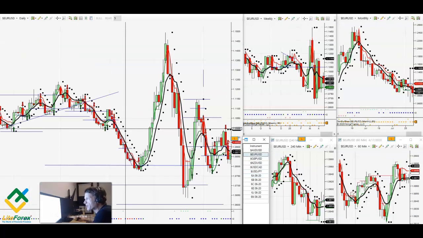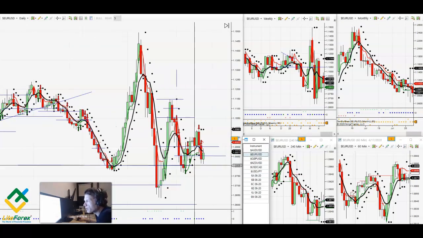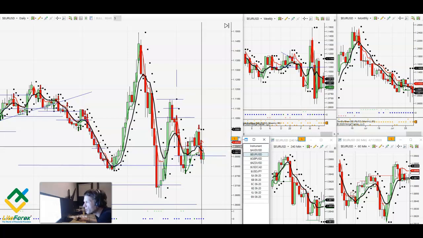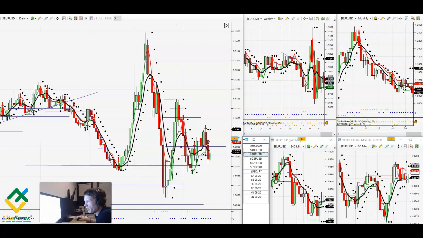Euro USD. Okay, Euro USD. The last day I looked at this, it was trending up, but it was very choppy. So we came down, we busted through these support levels, 1.09, 1.085, closed below, and this was really setting up quite bearish yesterday.